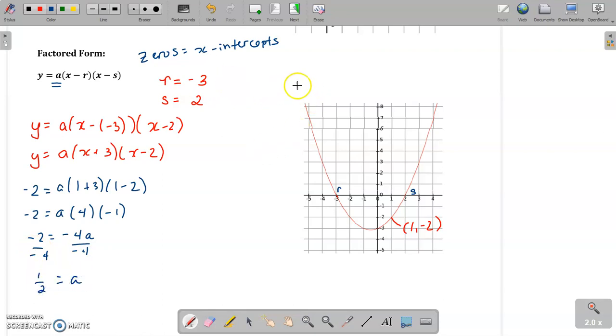Therefore, the equation for this parabola would be y equals 1/2 times x plus 3, x minus 2. And this a, just like our transformations, implies the stretch factor. Or in this case, it's compressed by a factor of 1/2.